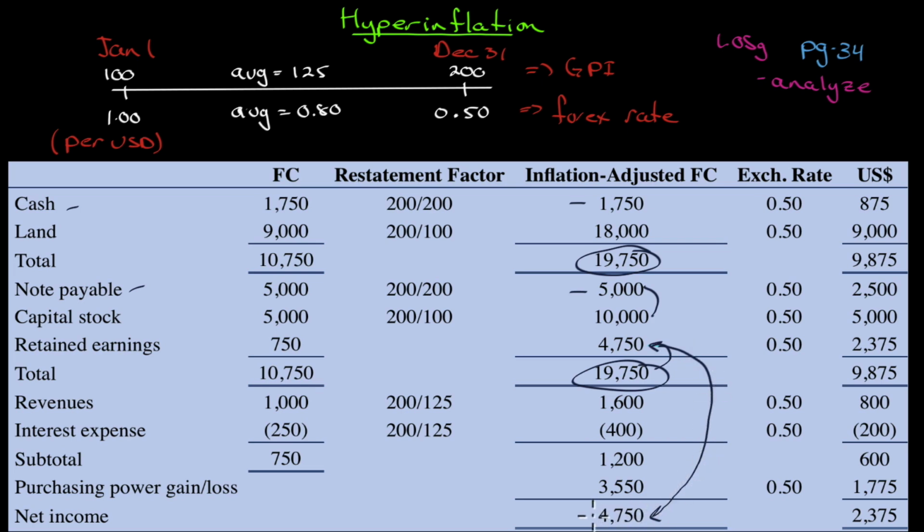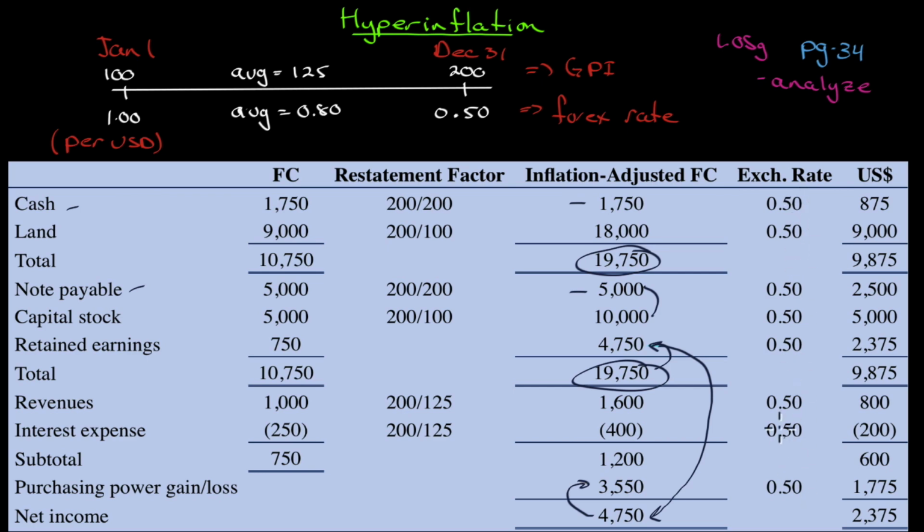So from that, once we put 4,750, we can work our way backwards and get 3,550. It's clumsy. It's just clumsy. But you're just really getting a high level view of the process here. There's our inflation adjusted balance sheet and income statement in the functional currency or the foreign currency.